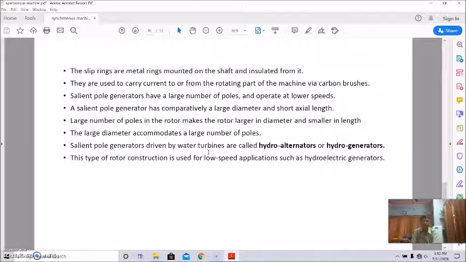Salient pole generators have a large number of poles and operate at lower speeds.